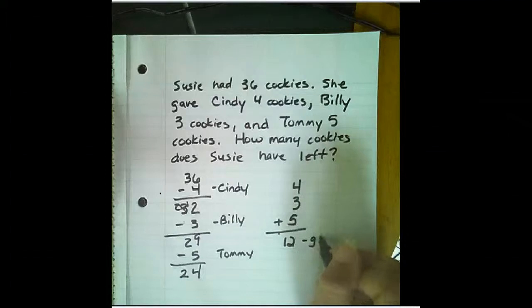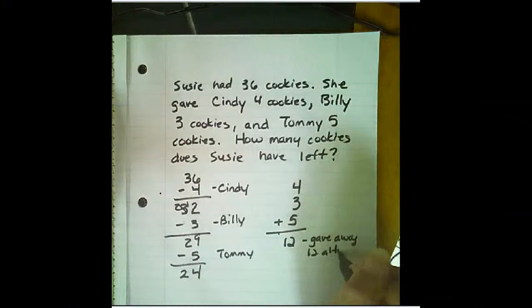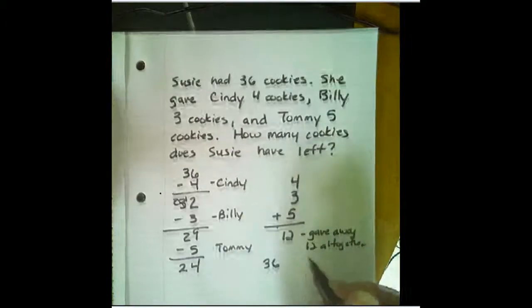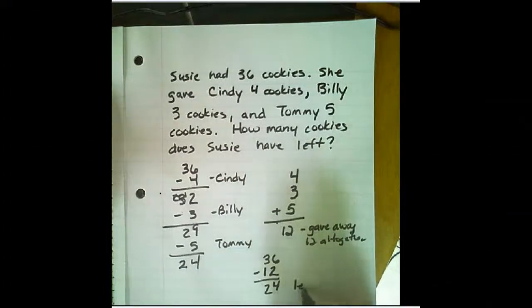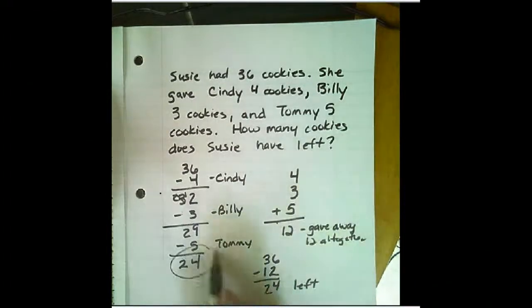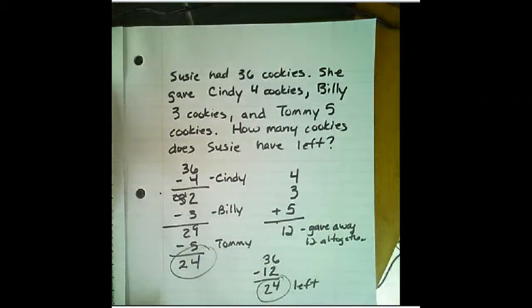So we know she gave away 12 altogether. Then we could say 36, which was the amount she had originally, subtract that 12, and we would have 24 left. Notice we get the same answer either way.